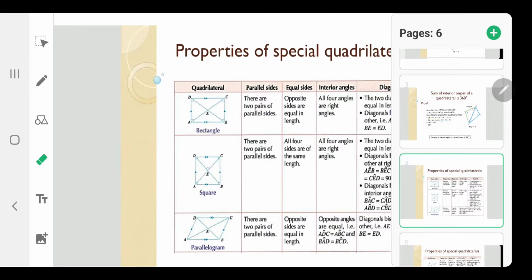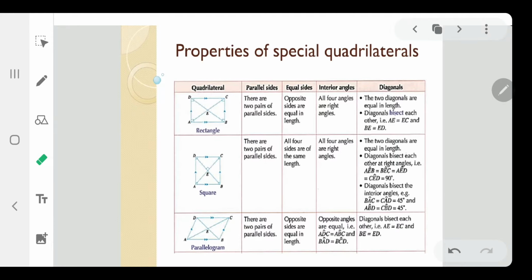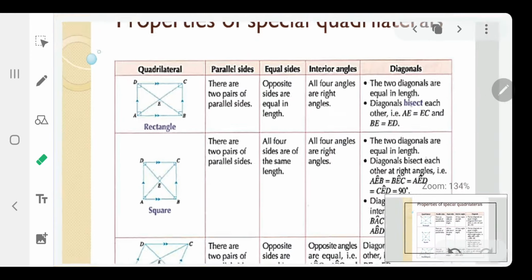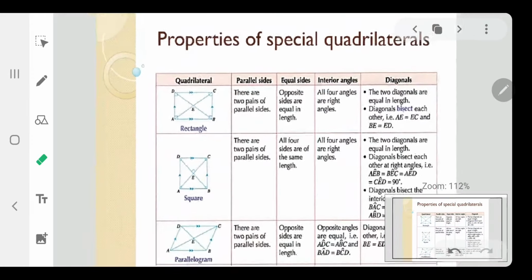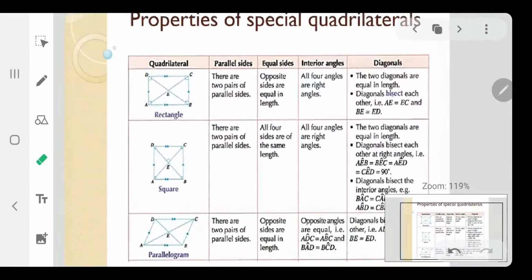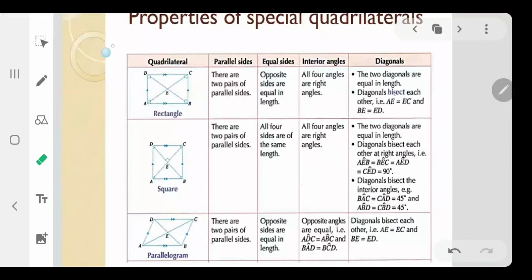Now we are going to discuss some special properties of quadrilaterals. Here in this diagram, we discuss three quadrilaterals, which are rectangle, square and parallelogram, right?